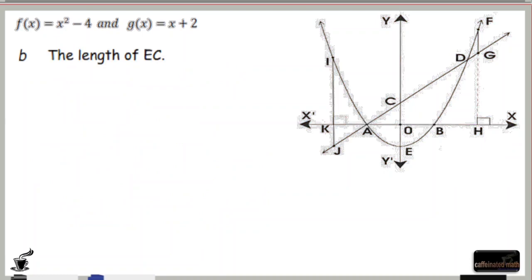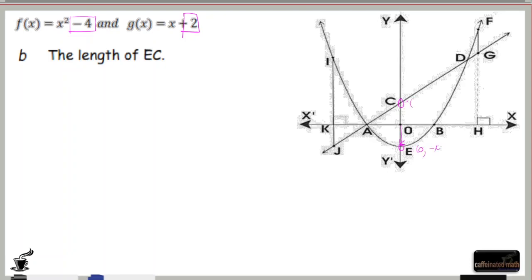Now they want the length of EC. So, well, that's C and that's E. Well, C is the y-intercept of the straight line g of x, and E is the y-intercept or vertical movement from the origin for the parabola, and that's at 0 and minus 4.